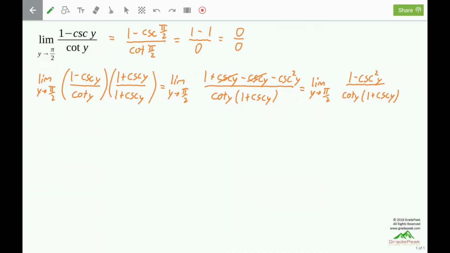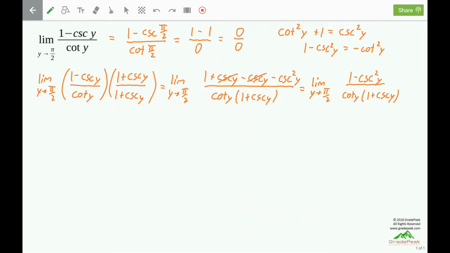What you do is make use of a Pythagorean trig identity to convert what you see in the numerator. The Pythagorean trig identity involving cosecant is cotangent squared of y plus 1 equals cosecant squared of y. Now what we have is 1 minus the cosecant squared of y, so I'm going to subtract the cosecant squared of y from the left side and subtract the cotangent squared of y from the right side, just to rearrange it.